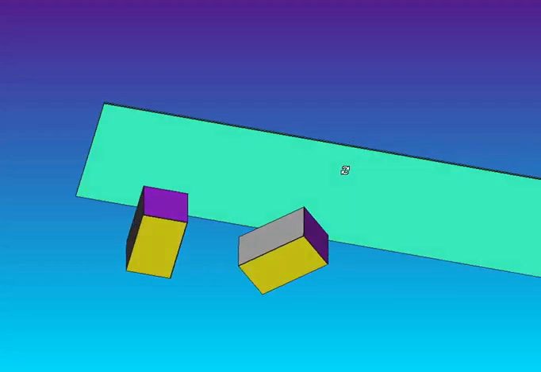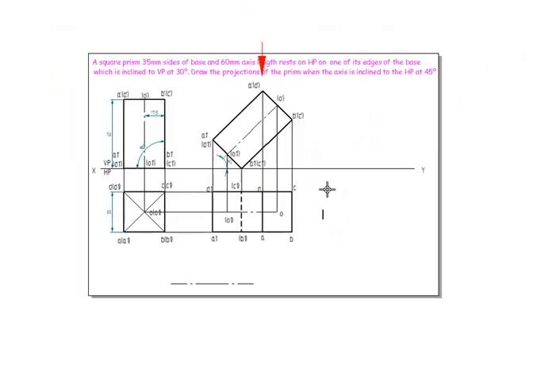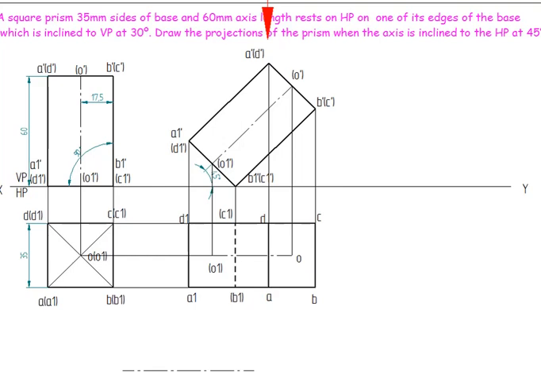Then we shall move to the next step, where one of the base edges is inclined to VP at 30 degrees.